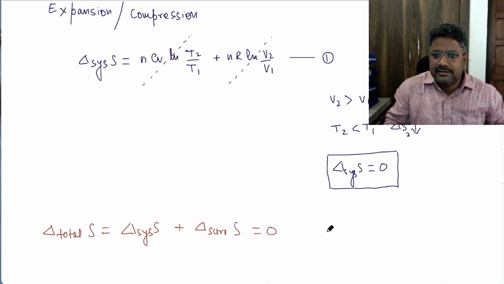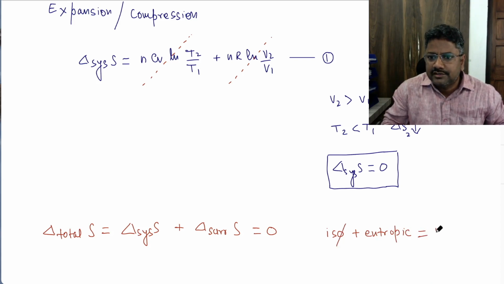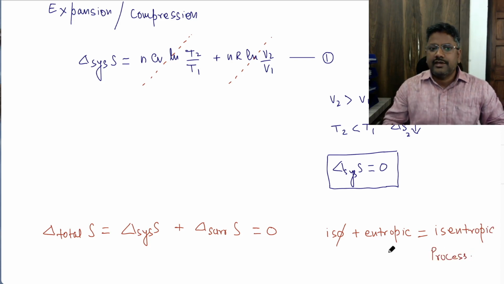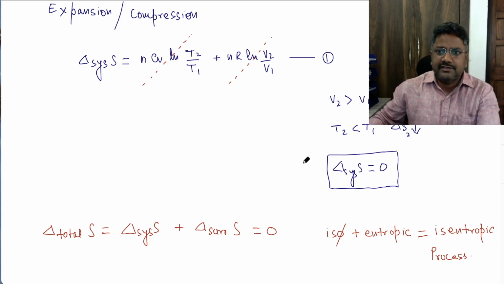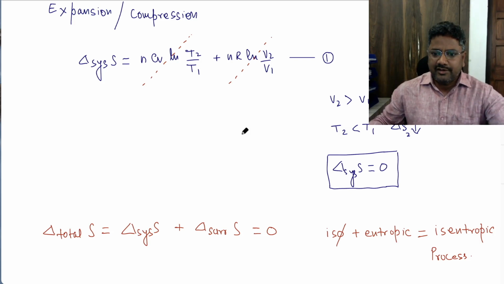So you can say this is isoentropic, meaning there is no entropy change. Isoentropic means this O will be dropped. O and E cannot be together. So this is an isentropic process. So adiabatic reversible process is known as isentropic process, means there is no change in the entropy, right?